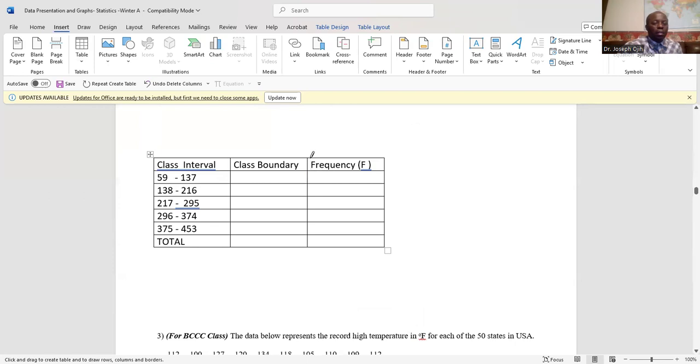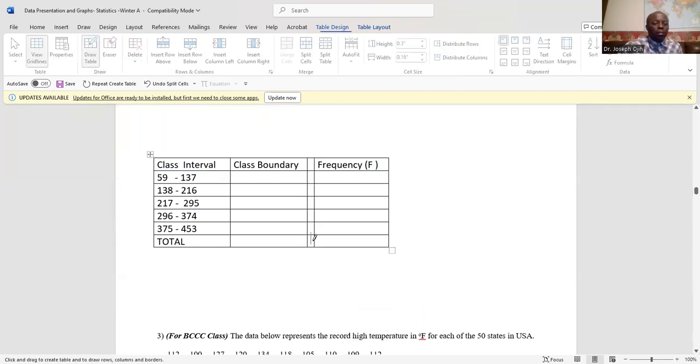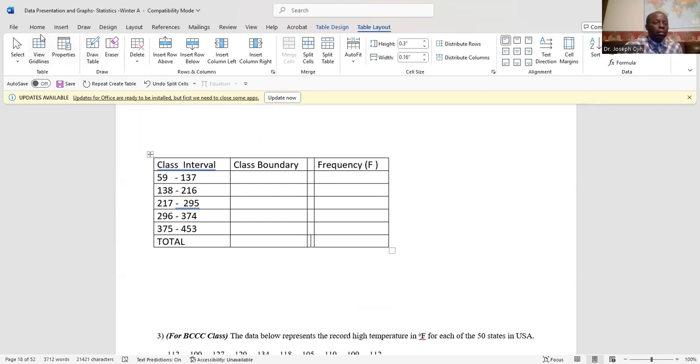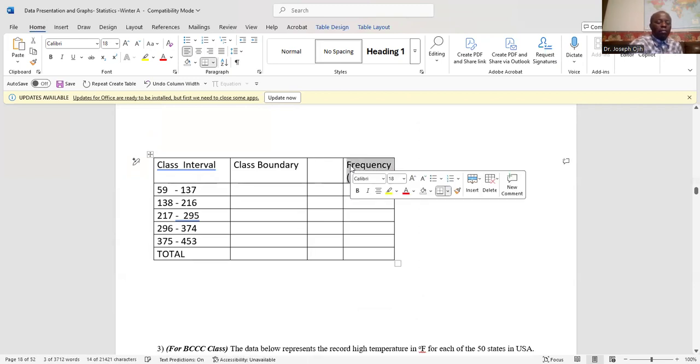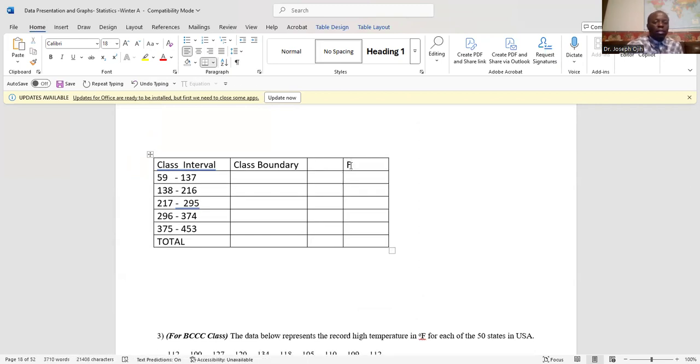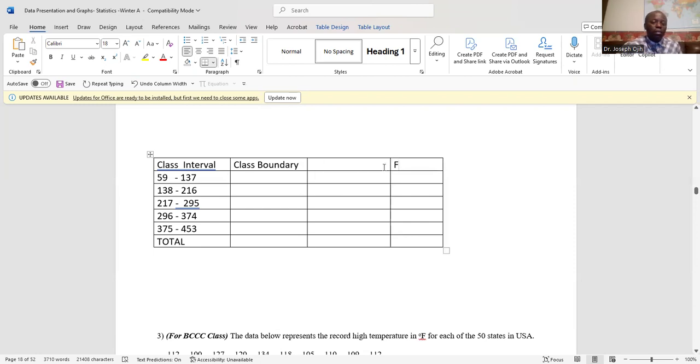So we can have room for this. Call this frequency, just F is enough. I want to have enough room for the tally. After that we can put the other columns.